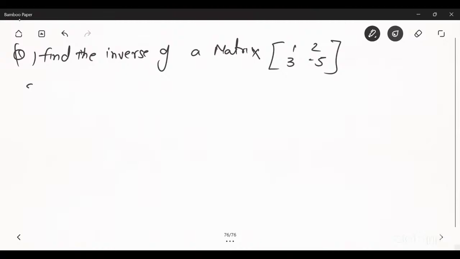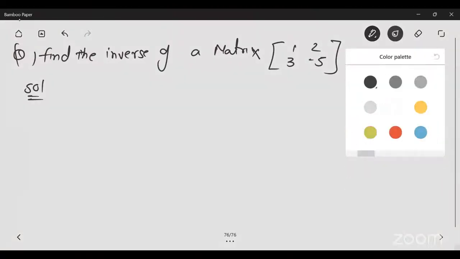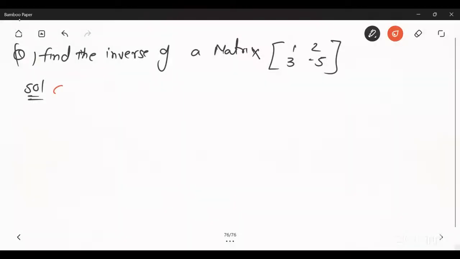Now first we find the adjoint of that matrix. For the adjoint, you have to find the value of the cofactors. So C11 is minus 1 to the power 1 plus 1 into minus 5.